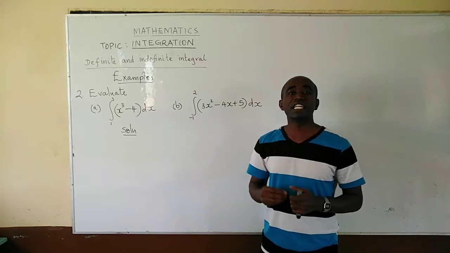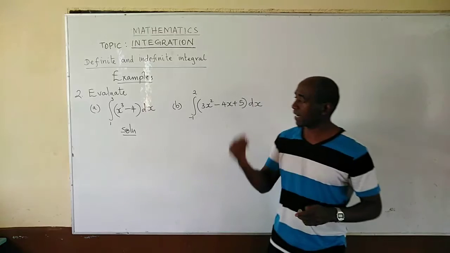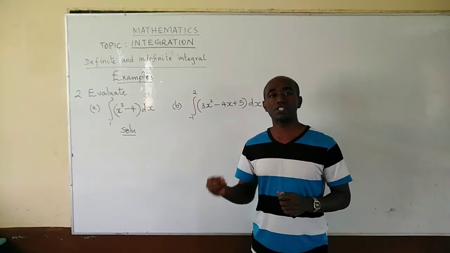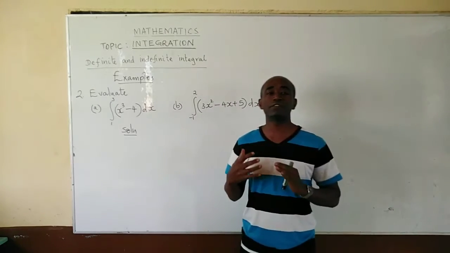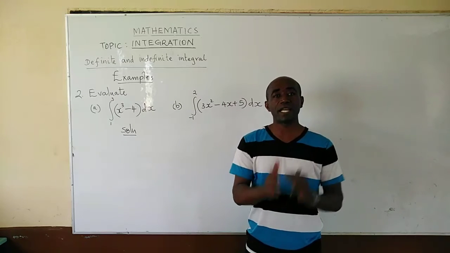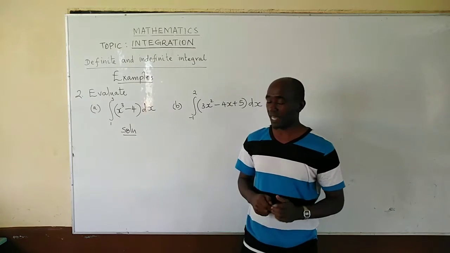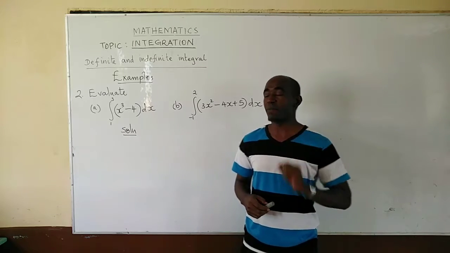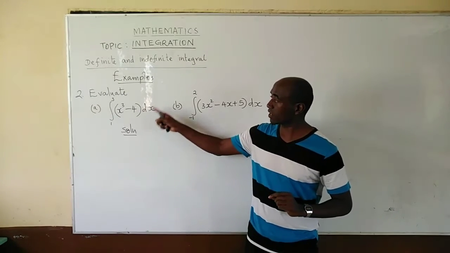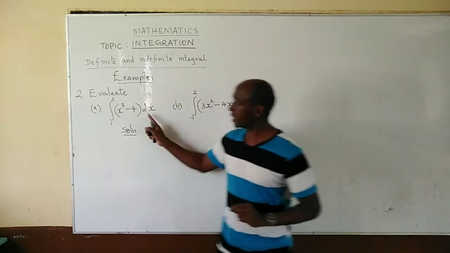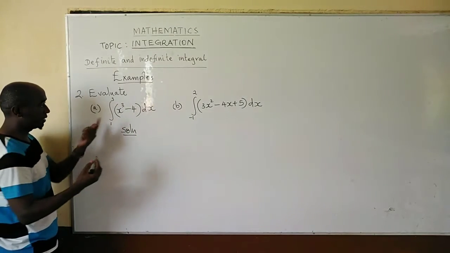After that, you substitute the upper limit, you substitute the lower limit. Next, the value you get for the upper limit minus the value you get for the lower limit. Then you get the final answer. I think you remember those are the steps we are supposed to take in evaluating this expression. So let's start. Step number 1, integrate.